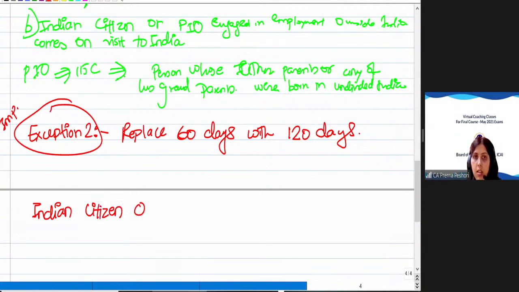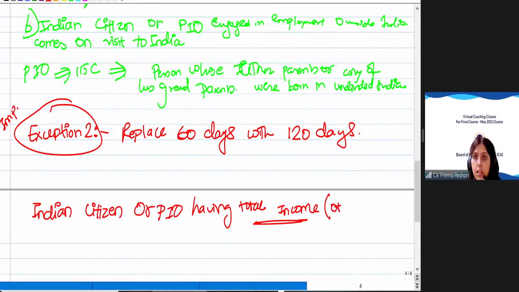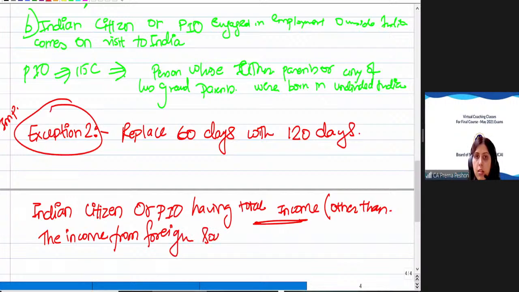Indian citizen or a person of Indian origin. I told you the definition of person of Indian origin, right? Indian citizen or a person of Indian origin whose or having total income other than the income from foreign sources.